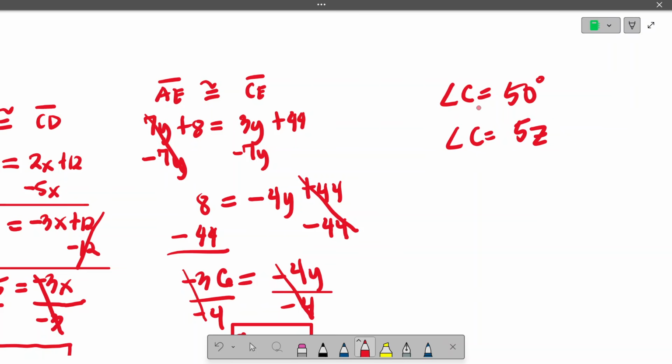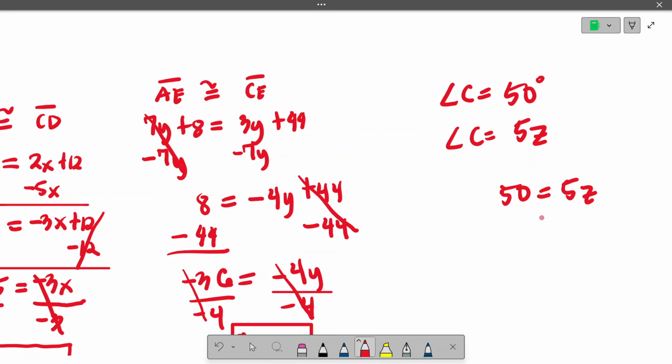That means, same lang naman sila angle C. We can restate this into an equation. That 50 is just the same as 5Z. No? This is angle C, this is angle C. Pareho na sila. Equally the same.